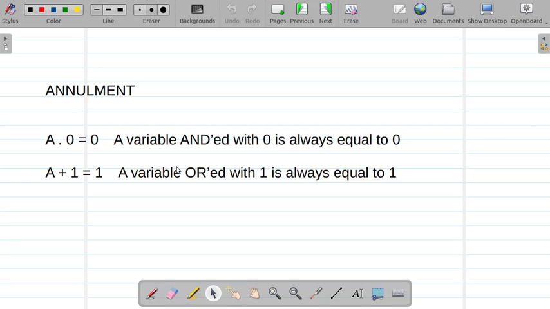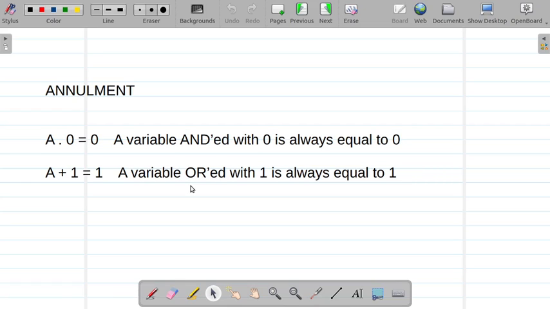So, a and with 0 is always equal to 0. So, sa addition pod, kaning plus sign is ginabasa na siya as or sa Boolean algebra. So, a variable or with 1 is always equals to 1.